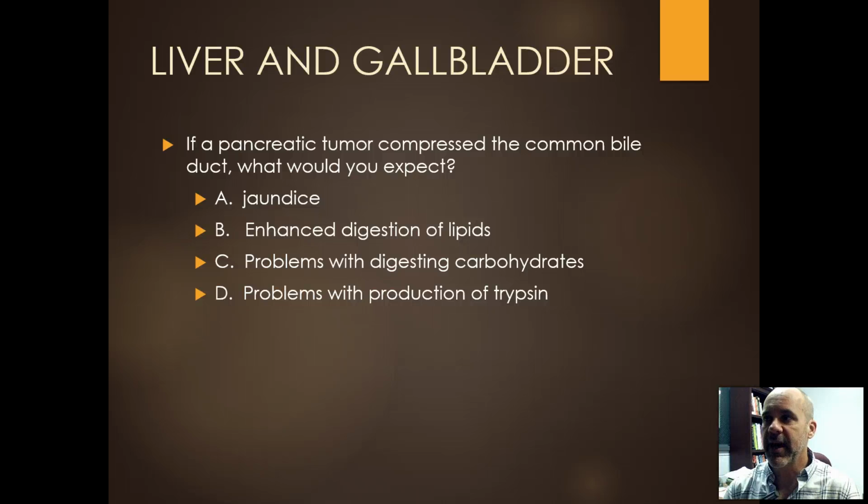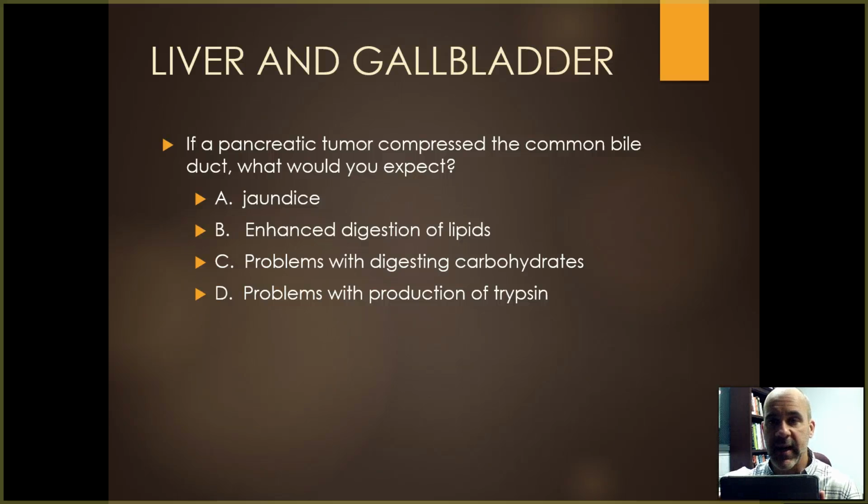If you had a pancreatic tumor that compressed the common bile duct, what would you expect? And this is actually if you've ever known somebody who's had pancreatic cancer. Unfortunately, most of us probably do know somebody who's had that. And a lot of times the tumor is over on the part of the pancreas close to the common bile duct.